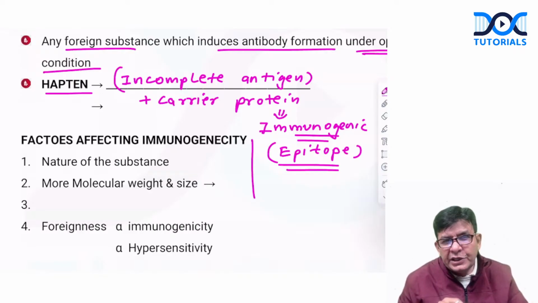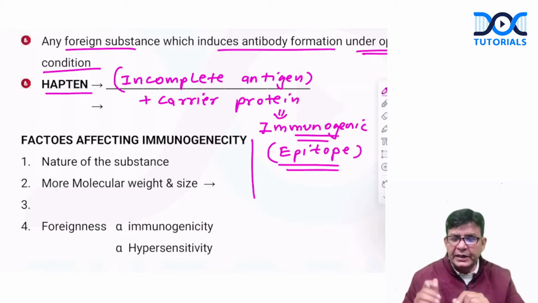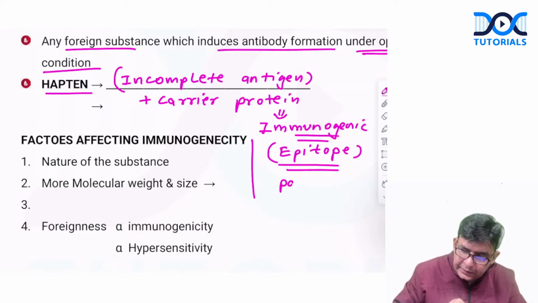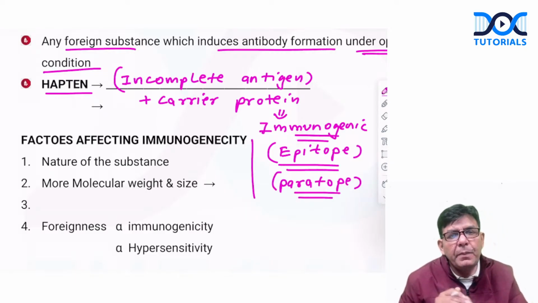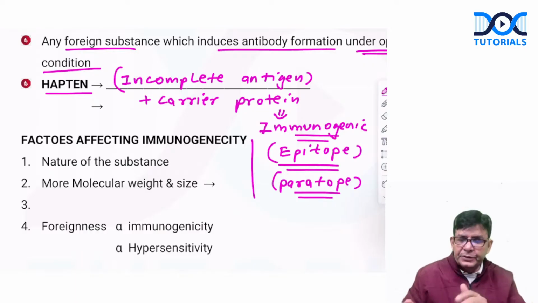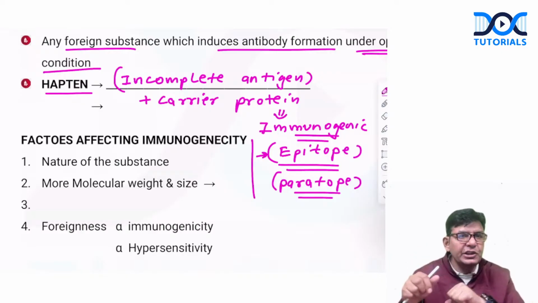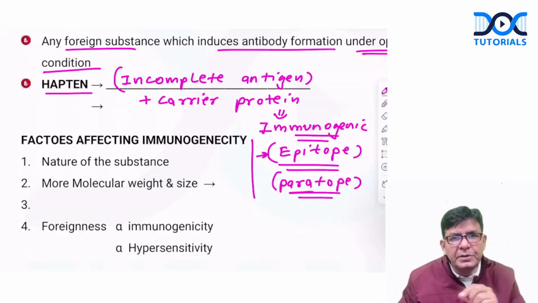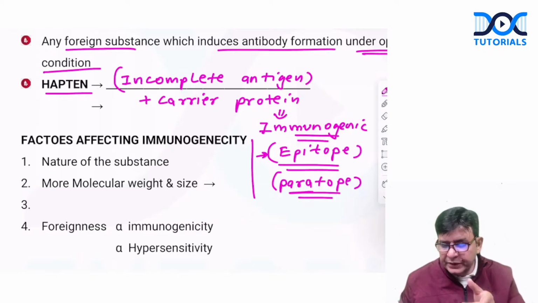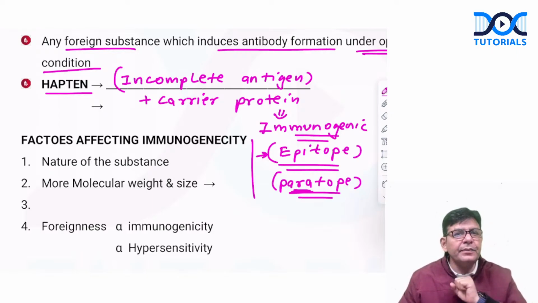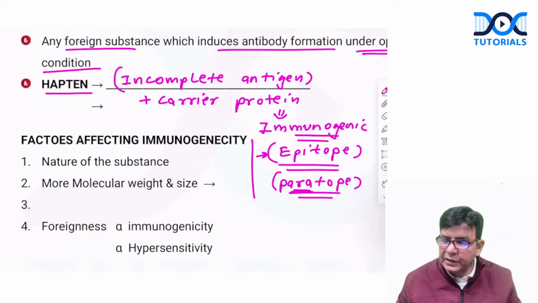Mostly the antigens are proteinaceous, so they have this epitope, and this epitope is a small part of an antigen which attaches to the paratope. Paratope is a feature of what? Antibody. Okay, so just remember like this: the antigen has the epitope, and the paratope is with the antibody. Body has par, so paratope is a part of the antibody and the epitope is on the antigen. Okay, so this should be very clear to you.